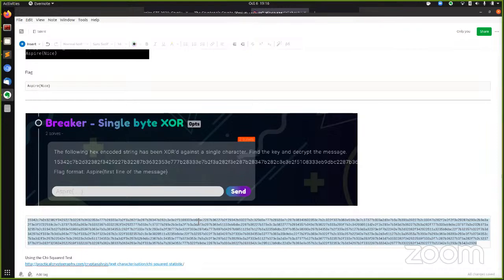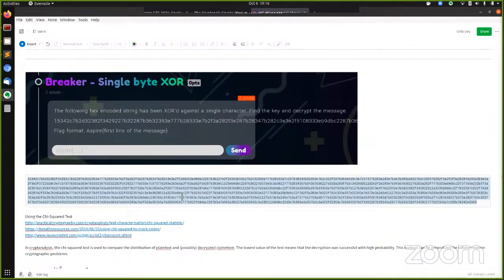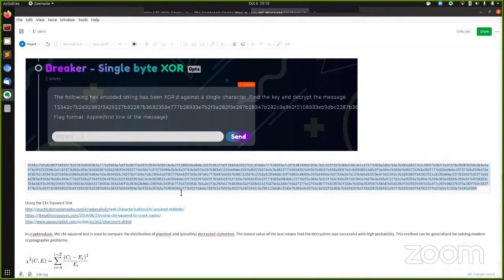The first method is called the chi-squared test. In code breaking, the chi-squared test is used to compare how closely related the plain text is to the encrypted data. Plain text is the original, unencrypted data.